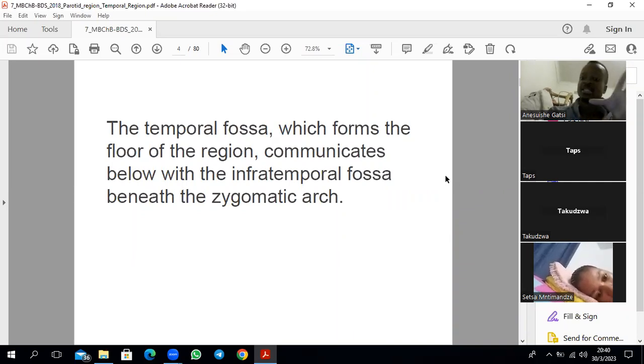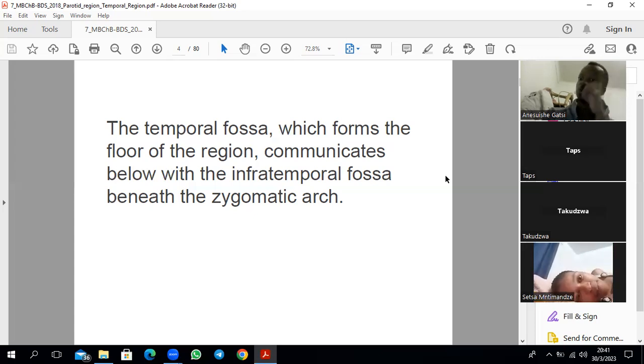The temporal fossa is a space that we are also going to find on either side of the skull in the temporal region. So the normal thing is when you describe the scalp, I know we just say this whole thing is scalp, but if you look at the layers of the scalp, the third layer, which is the aponeurotic layer, does not extend to the temporal region, because in that region there is a fascia that we call temporal fascia.